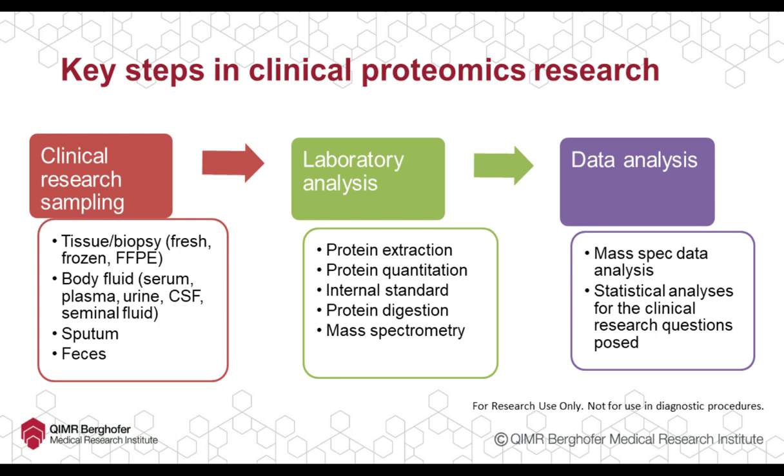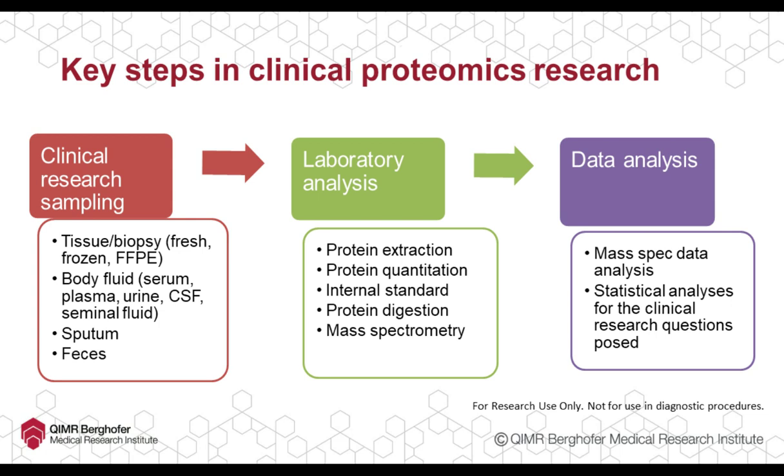In the second part, the laboratory analysis, there are many different steps which could cause variability during this complex sampling process. We can consider that protein extraction should be reproducible, protein quantitation, so measuring the concentration of your protein extract, should be accurate.